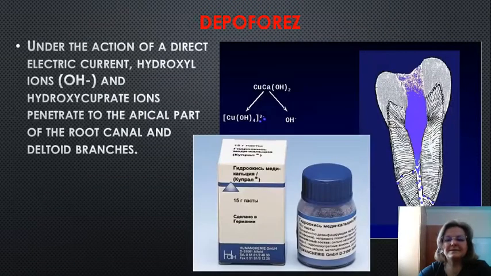The next method, depophoresis. Under the action of a direct electric current, hydroxyl ions and hydroxycuprate ions penetrate to the apical part of the root canal and deltoid branches.